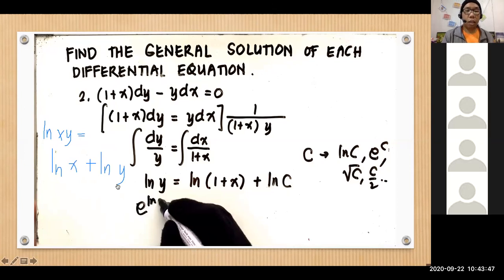Okay? Na-recall nyo ba yan, yung property na yan? Kaya kapag nakaganitong format, pwede mo nang pagsamahin ito sa iisang term lang, which is ln of 1 plus x times c. Ano ba yan? Sorry. Erase. Hindi malinaw.